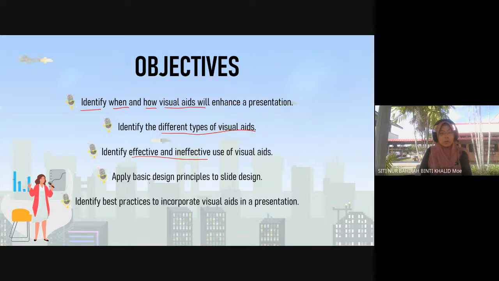We are going to be applying basic design principles to slides, and you are going to be identifying the best practices when it comes to incorporating visual aids in a presentation. Okay, so these are the 5 main objectives that we are going to be covering in this topic.